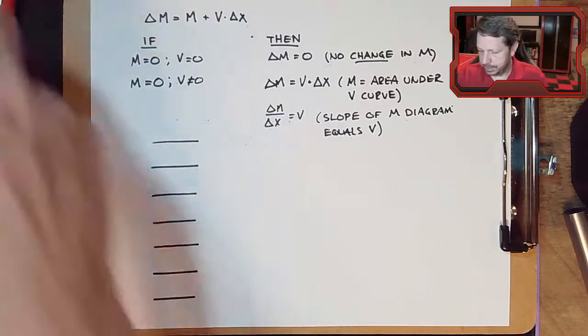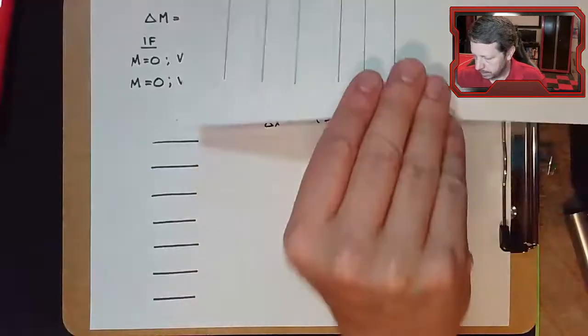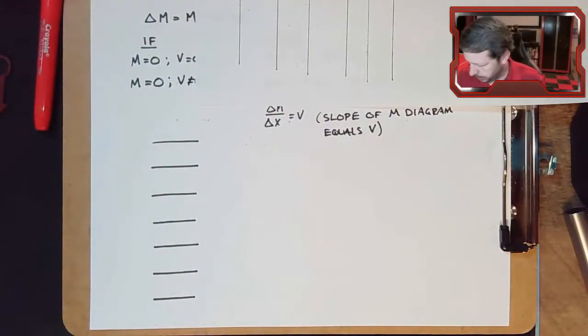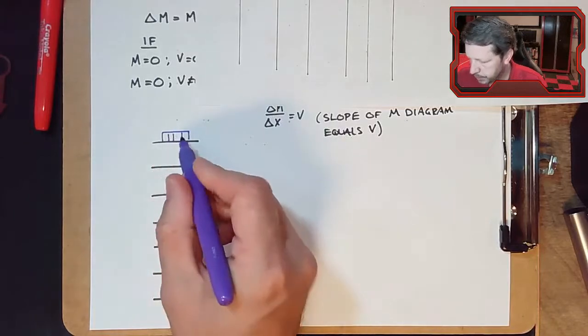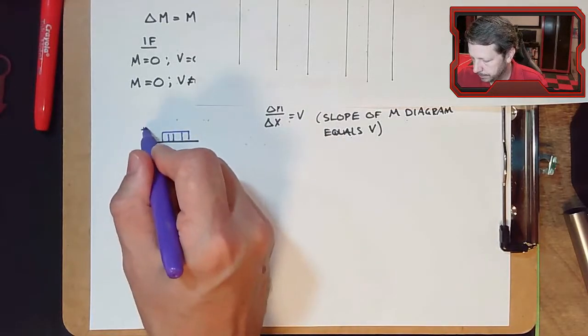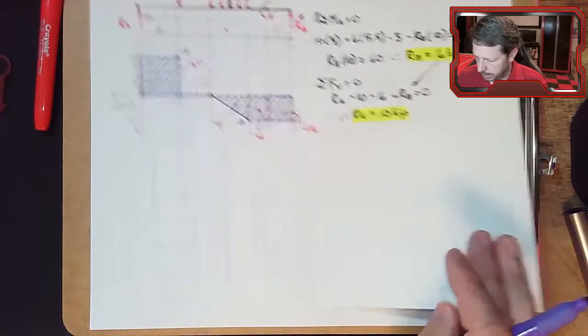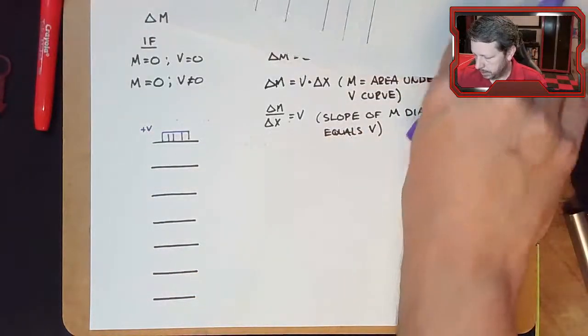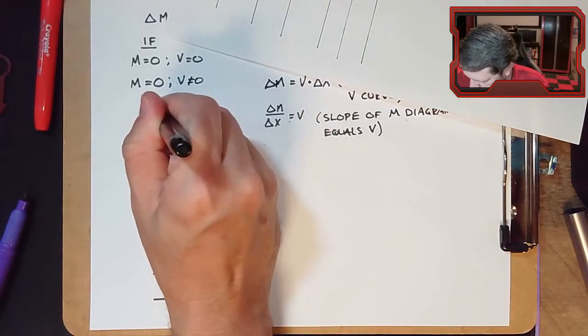So all of these are the little line across here. And I did them in purple, so I could have a shear force that's above the line, so a positive shear, like this section. And if I do, then the bending moment, so this is the shear diagram over here.